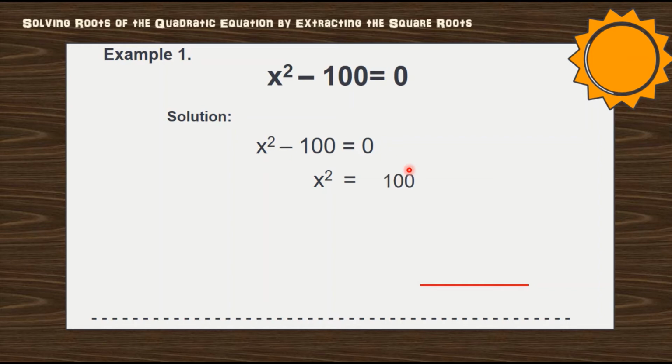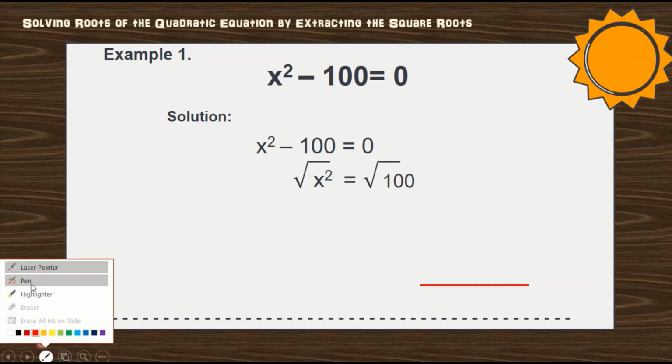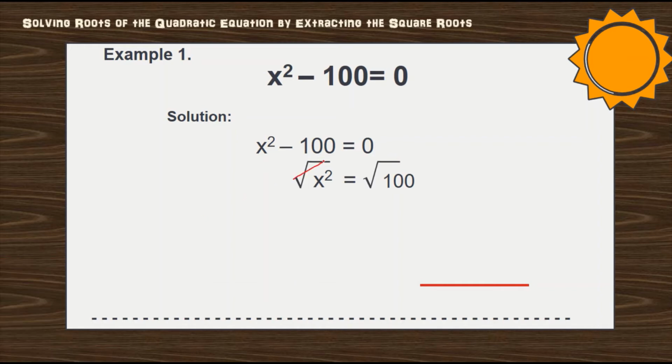So, extracting the square root, kailangan makancel natin yung exponent na 2, since ang kailangan lang natin makuha is yung values ng x at hindi value ng x squared. So, to continue with this, use the square root. Kapag nag-square root ka sa right side ng equation, ganun din dapat sa kabila, para maging balanced. And once we use the square root, ang mangyayari ay makakancel yung ating square root, ganun din yung ating exponent.